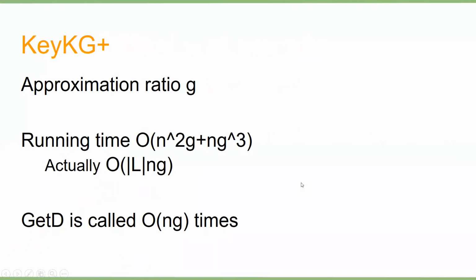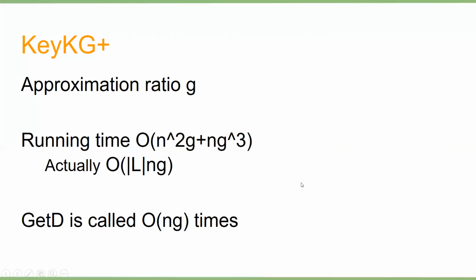This is our algorithm KKG plus. Its approximation ratio is also G, but its running time is faster. Now it's n squared G plus n g cubed. And actually its running time is L times n times G. L is really small, G is really small, so it's rather fast.